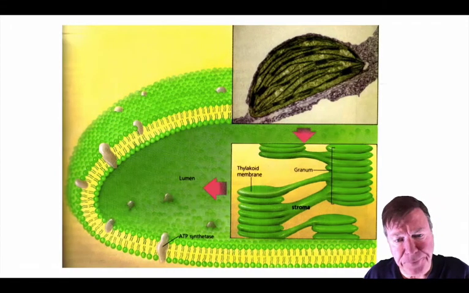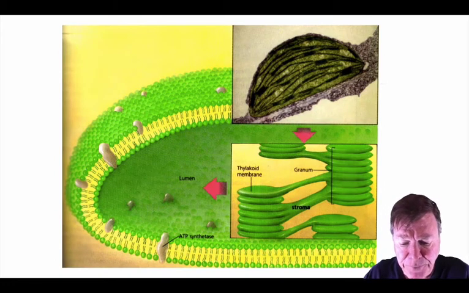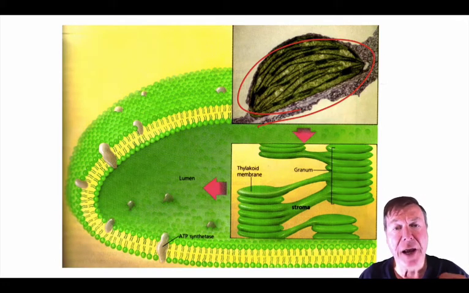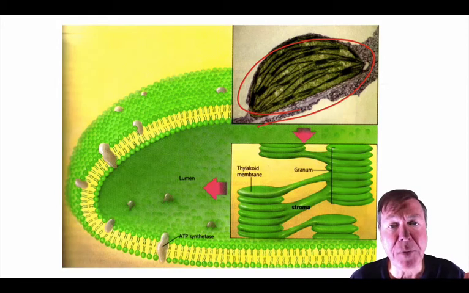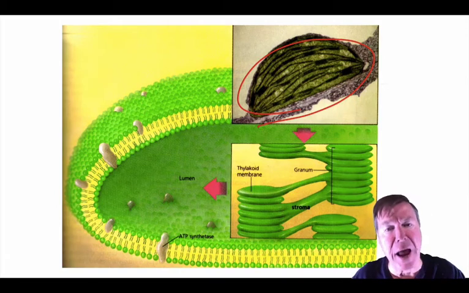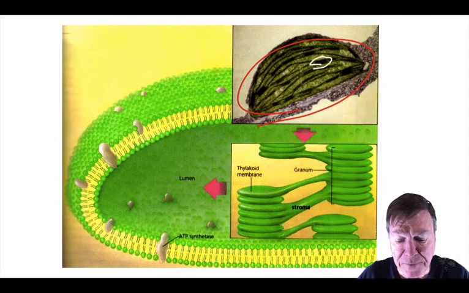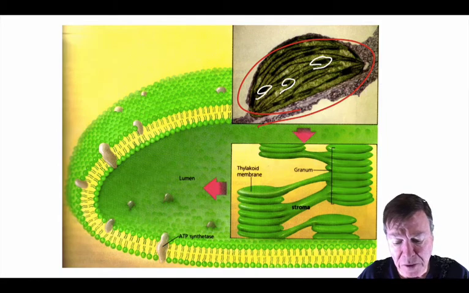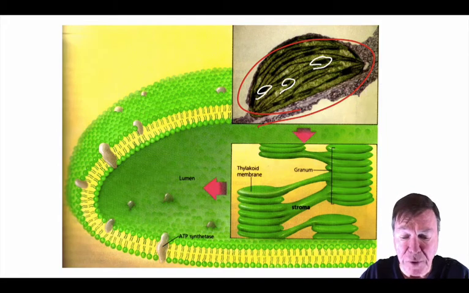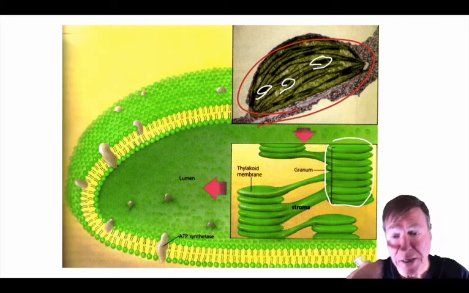Something like this. You can see up on the top here is an electron microscope photograph of the side of a chloroplast, and you can see what I described as the stacks of granum. If we go down into a diagram, these are the stacks. They look like coins.